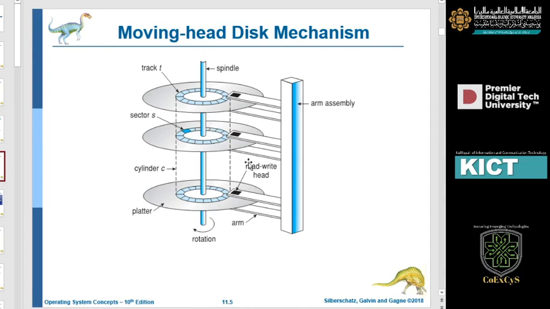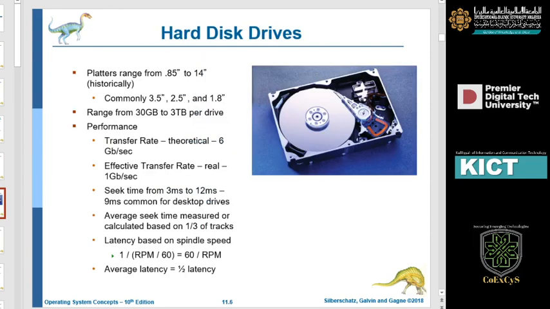There is an arm that moves to make sure it sits at track 1 or at the edge of the disk. So that's basically how it works.